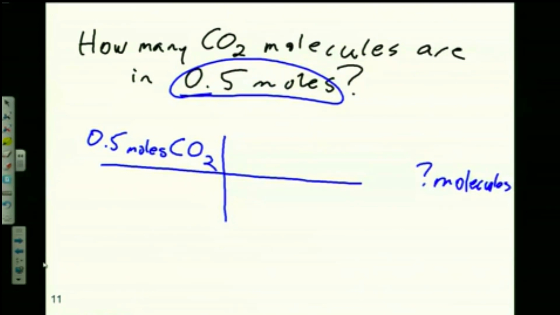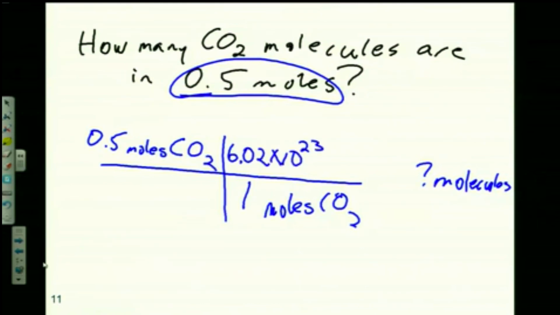What has to go on the bottom right here? Moles of carbon dioxide. Why? Because it was on top right there. Well, what can I convert moles to? Can I convert moles into molecules? Yes. What did we just say? 1 mole, 6.02 times 10 to the 23rd molecules of CO2.